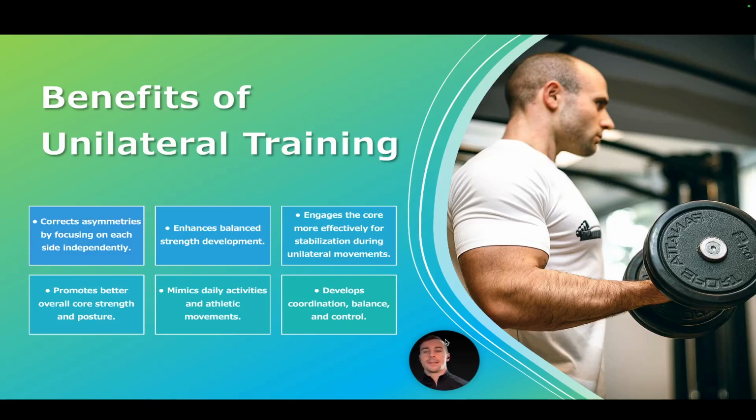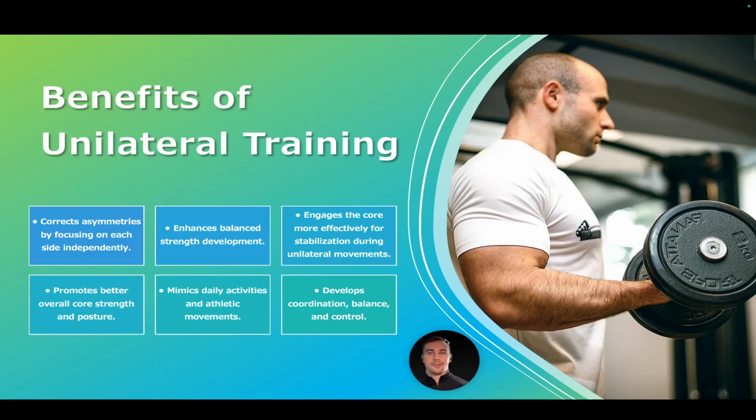Another thing is that this mimics daily activities and athletic movements. So you're able to perform more of your daily activities easier and more effectively when you include this type of training in your workouts. And of course, it helps to develop coordination, balance, and control. That's the big thing with this training method.